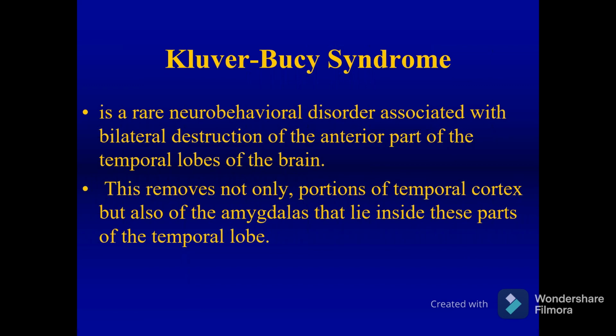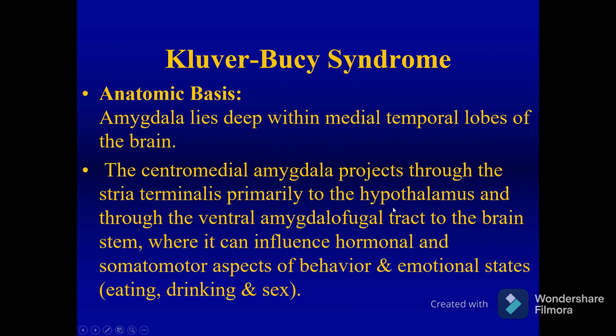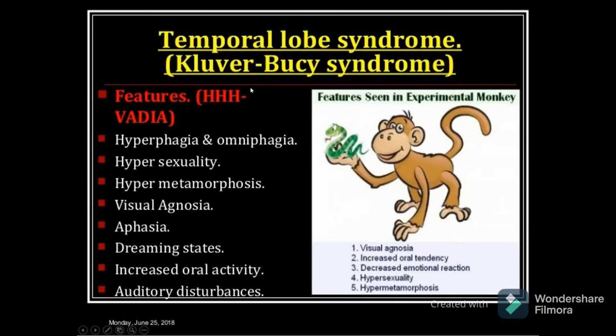So with the stria terminalis, the amygdala is connected to the hypothalamus, and with the help of the ventral amygdalofugal tract, it is connected to the brainstem, and there it influences the hormonal and somatomotor aspects of behavior and emotional states like eating, drinking, and sex. So this is a temporal lobe syndrome.